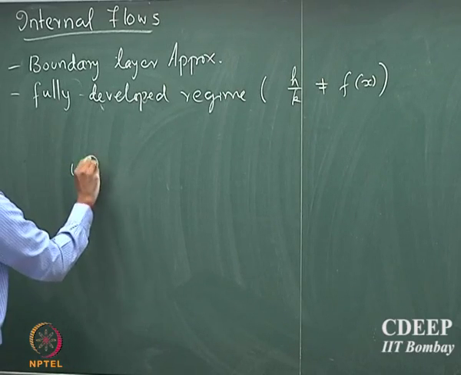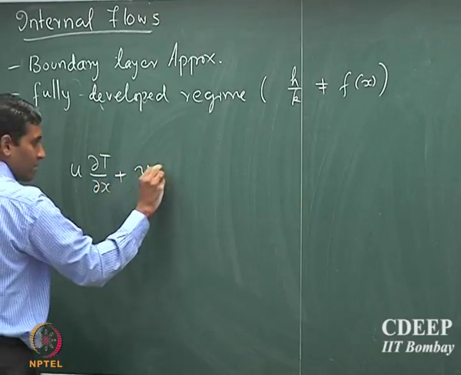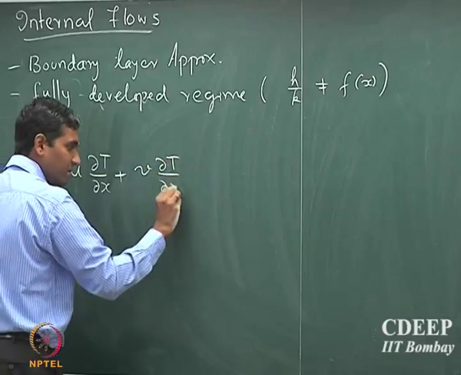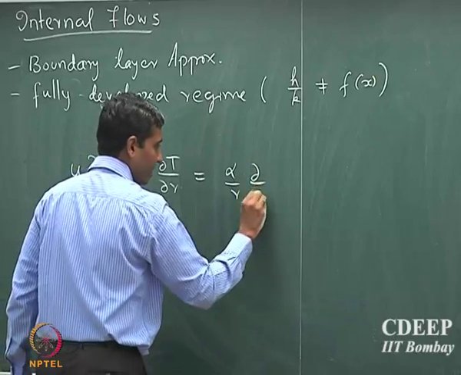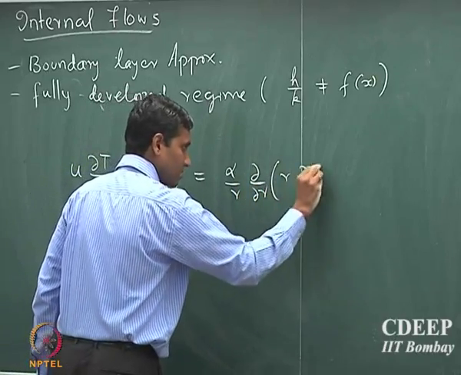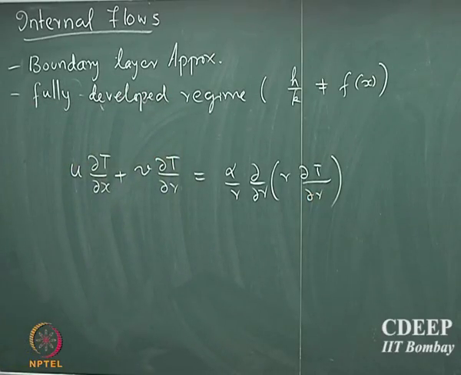So the model equation for energy balance is u dT/dx plus v dT/dr equal to alpha by r d/dr of r dT/dr, after you introduce the boundary layer approximations. What is v in the fully developed regime? v is 0 because the flow is only in the x direction.